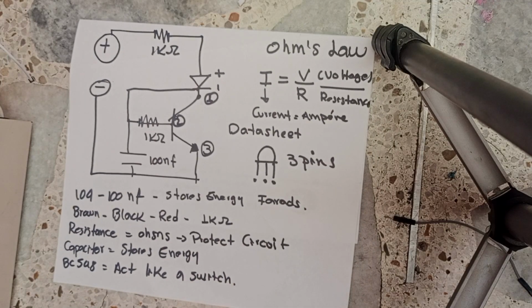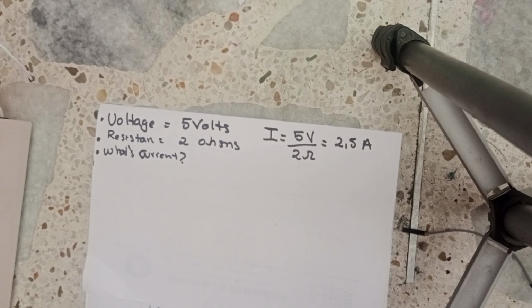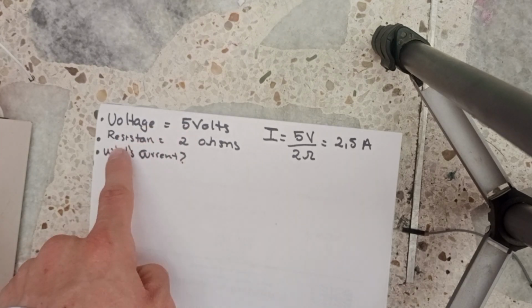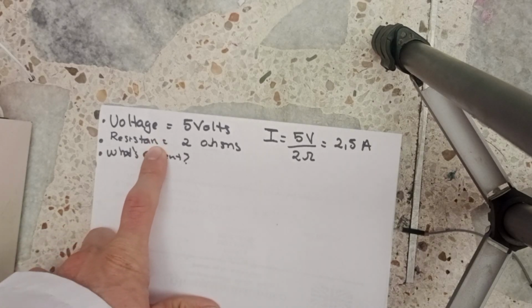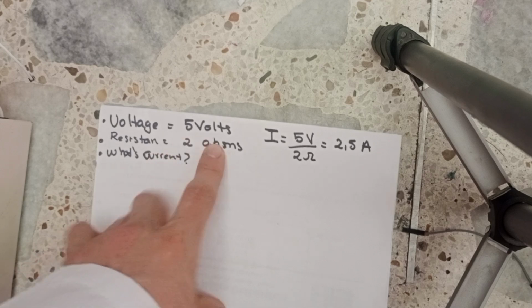So what do I have to understand about this? Let me please continue. Here we have this basic example, right? The voltage is 5 volts. The resistance is 2 ohms, right? What's the current?